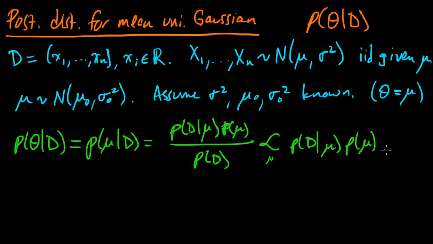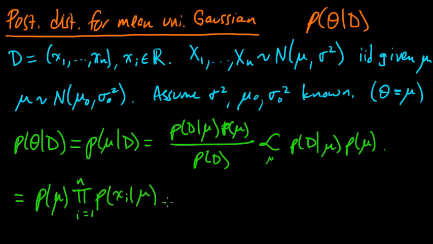Okay, that's looking good. Now this part, what's this? Well, we are assuming that the data are independent given mu. So this becomes a product. Let's pull probability of mu out front here. We get the product as i goes from 1 to n of the probability of xi given mu.